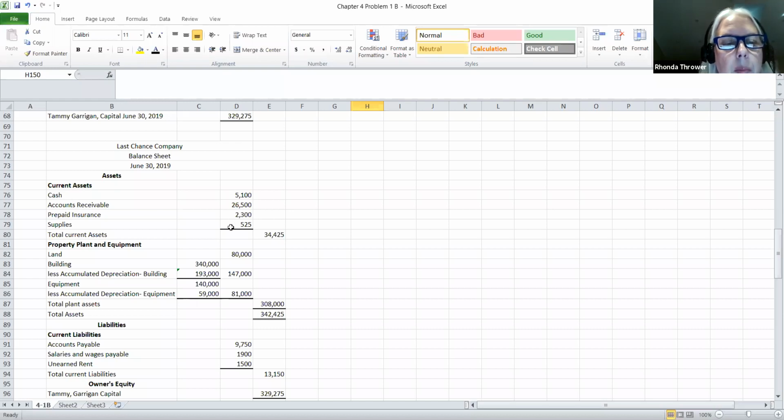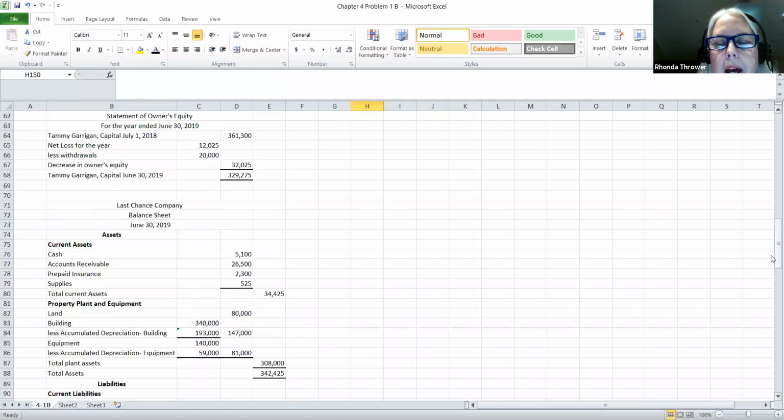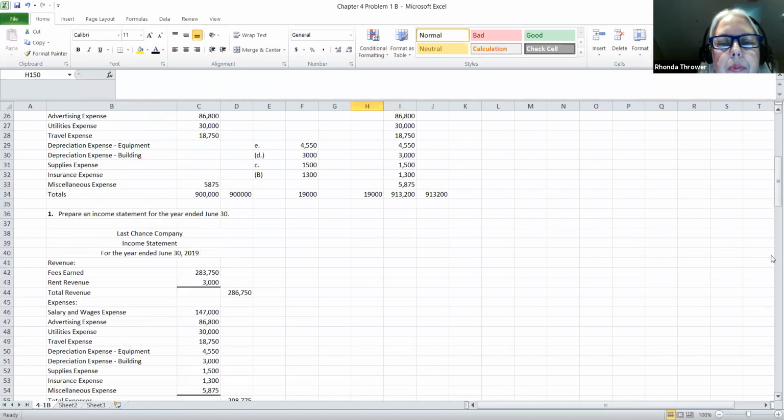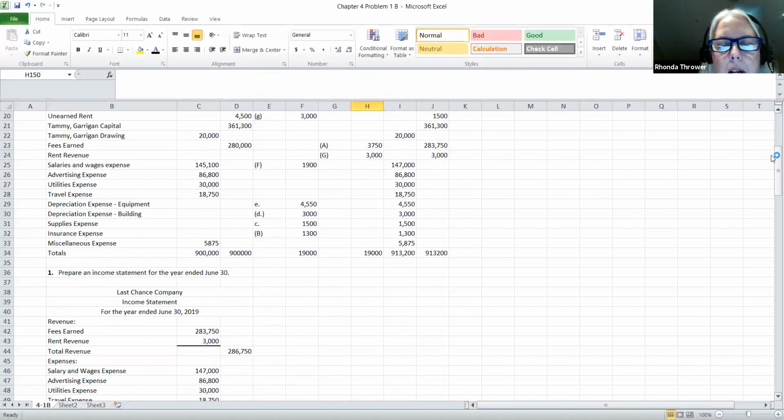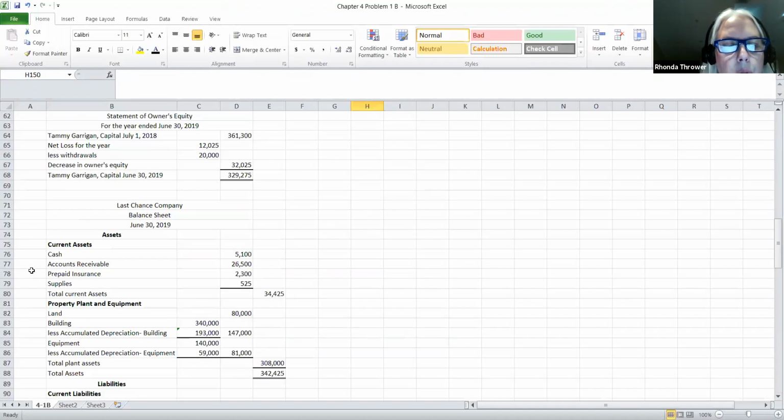All of my current asset account balances come from the adjusted trial balance. So my cash was $5,100, my accounts receivable was $26,500, prepaid insurance $2,300, supplies was $525. All of those came from the adjusted trial balance, and were just copied underneath the current asset section of the balance sheet.